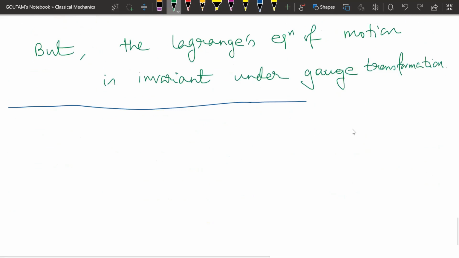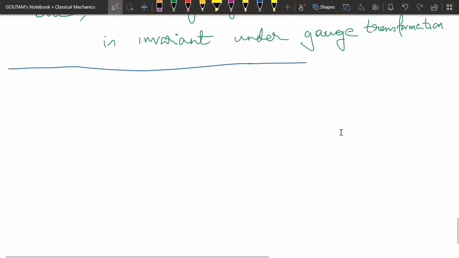Now let's do another problem, but before that, let's define something. It is called the point transformation.